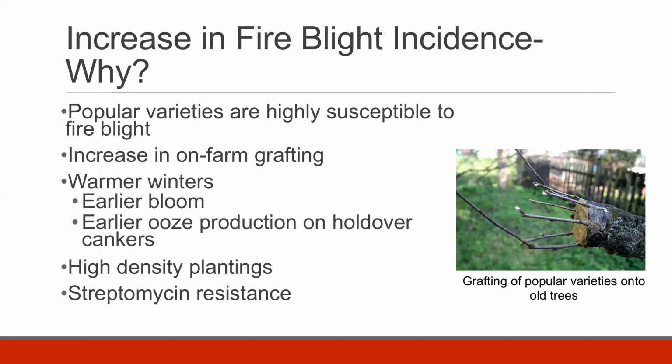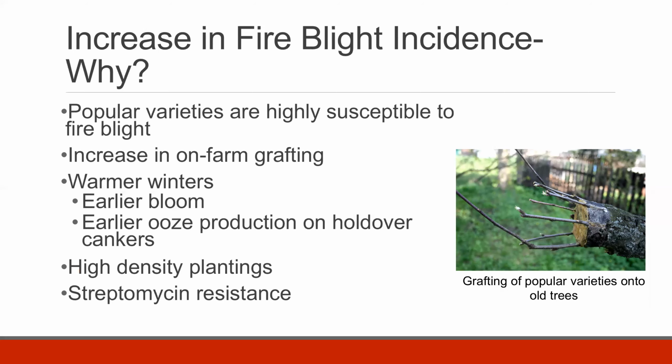So just to conclude, over the last decade, we have seen an increase in fire blight incidents, and there are several factors that could be contributing to this increase. The first is most likely due to the fact that more popular varieties are being planted, and that these more popular varieties are highly susceptible to fire blight. So these are your Honeycrisp, your Gala, and your Fuji varieties.